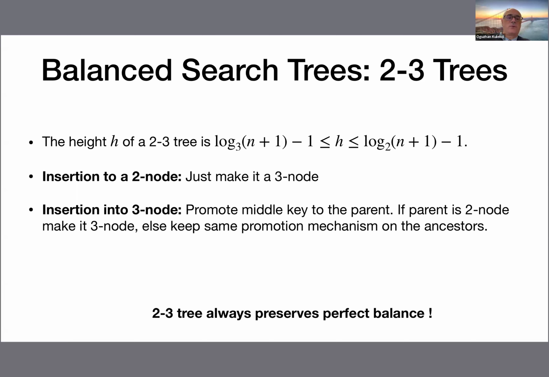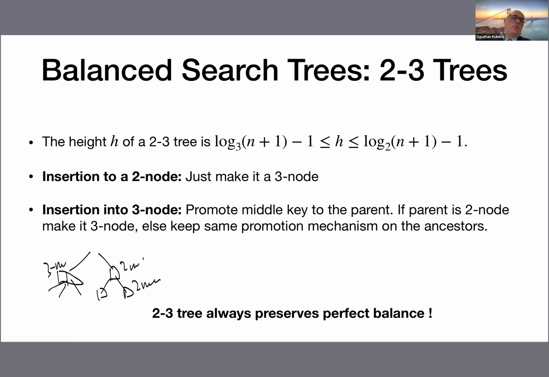Let me try to show this. Let's say I have something like this one, and so let's make this a 3 node. So let's make this only a 2 node. So that's a 3 node. So that's a 2 node. And these are also 2 nodes.